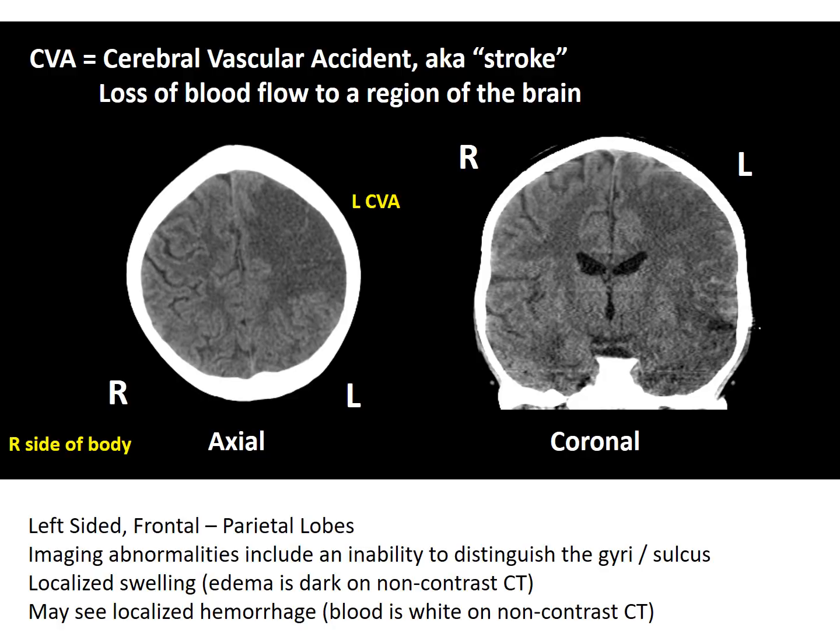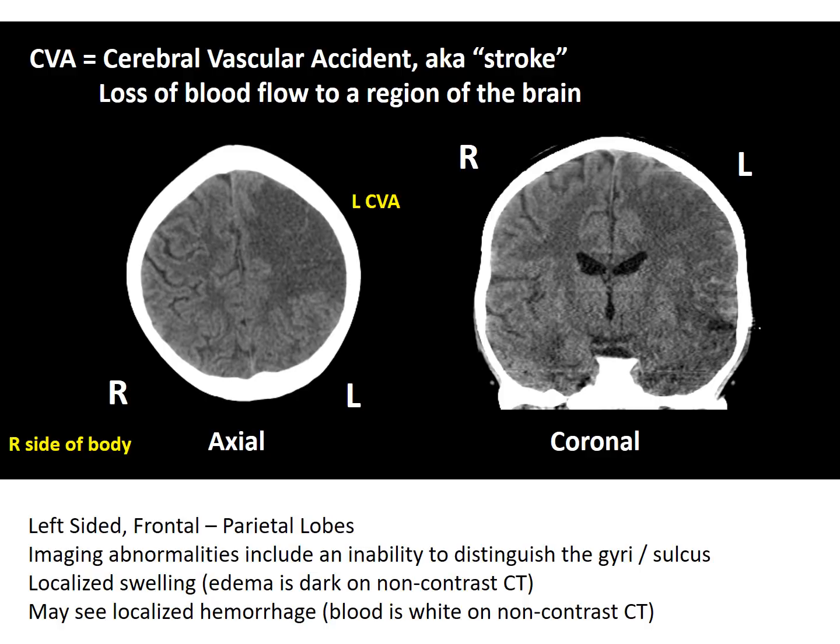And one of the things that you can see on a CT scan early in an ischemic stroke is a swelling, edema, and a lack of differentiation of the folds and grooves, the gyri and the sulci. So can you pick up on that? Compare the right side of the brain to the left side of the brain in both the axial and the coronal sections, then you should be able to pick out the region where the CVA is occurring.